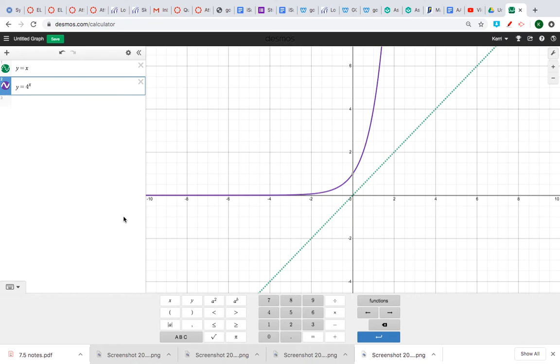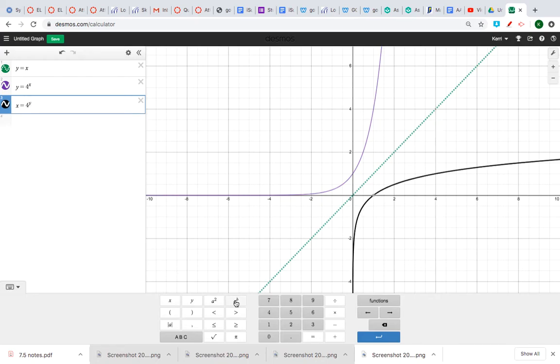Because the inverse of an exponential function is a logarithmic function, the first thing I could do is just flip-flop the x and the y, which I showed you before. 4 to the y. Oh, wait, look. They flip-flop. They fold along this y equals x.